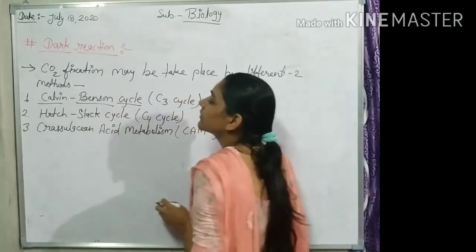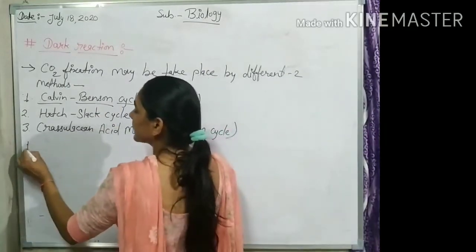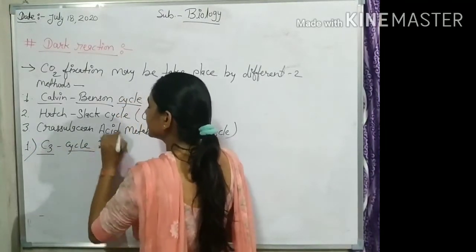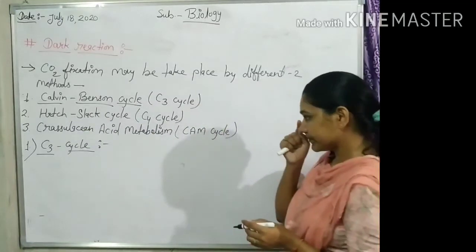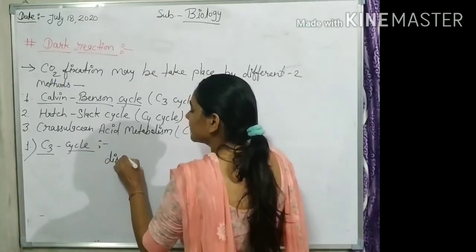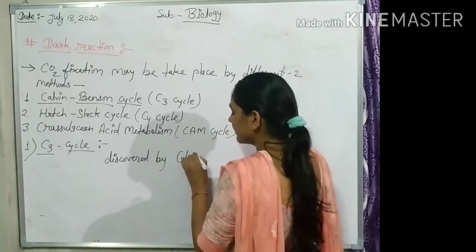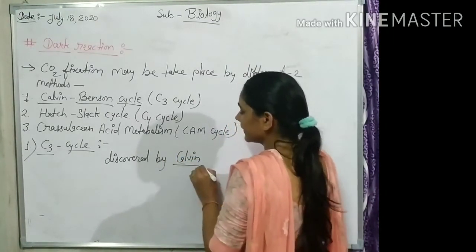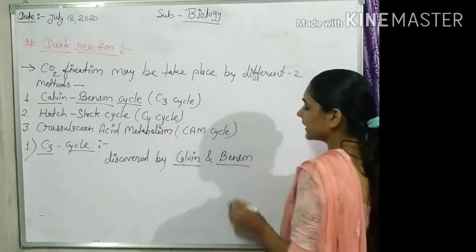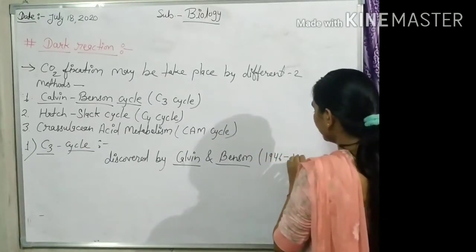Firstly, we are going to talk about the Calvin-Benson cycle. It means the C3 cycle. It was discovered by Calvin and Benson, scientists, in 1946 to 1953.